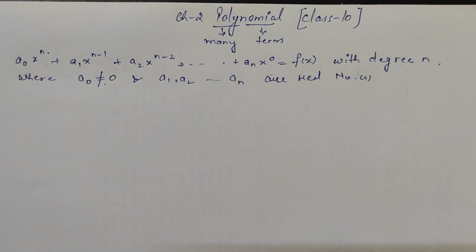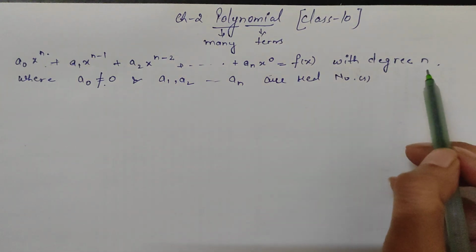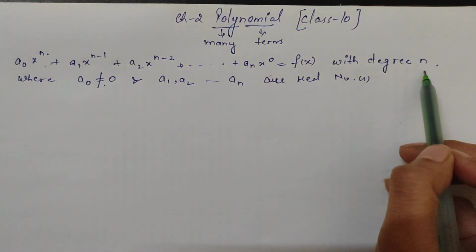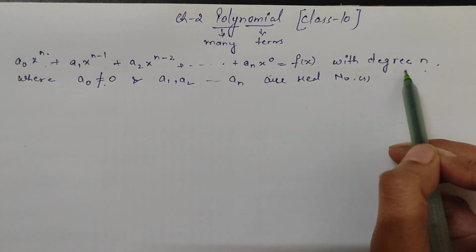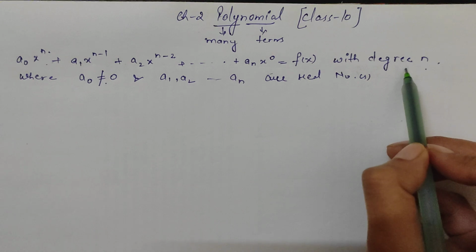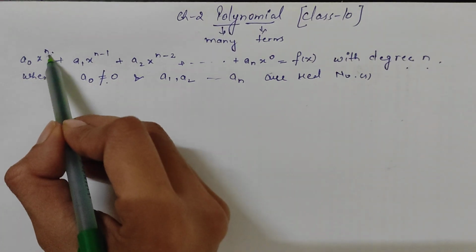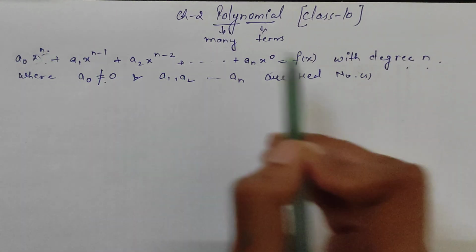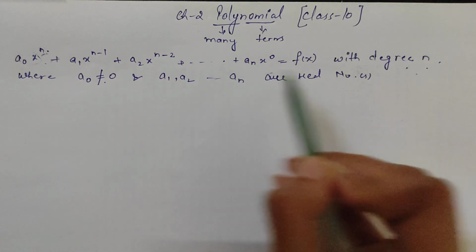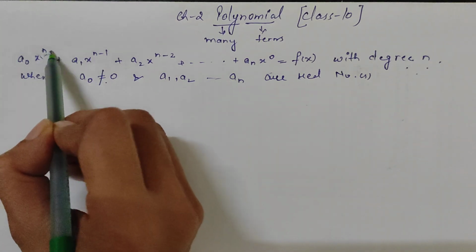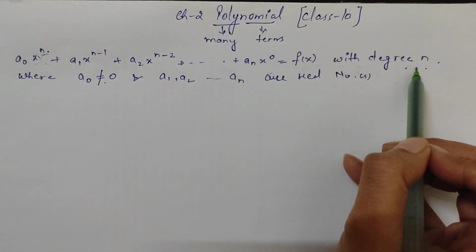You are quite familiar with the term degree, as you have already studied in class 9. If not, let me explain. The exponent of the variable is known as the degree. The higher the exponent, the higher the degree.